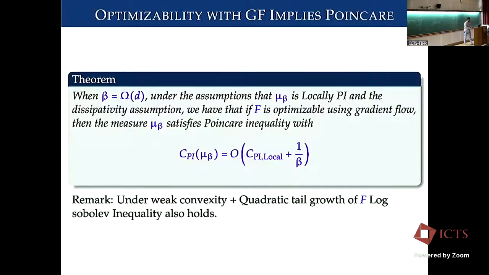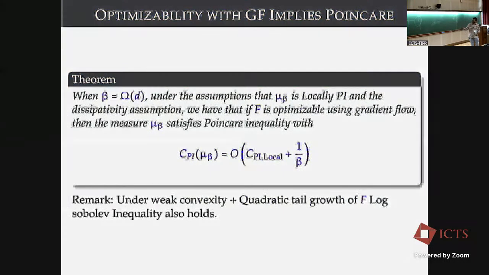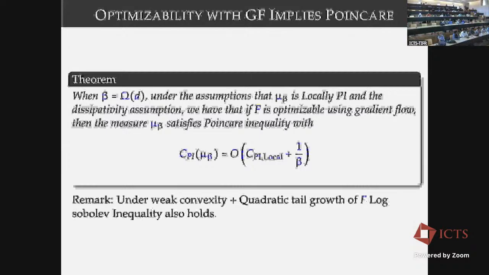Okay, so the result that you can prove is the following. When your temperature is larger than D, under the assumption that mu beta satisfies the local Poincare inequality, and you have dissipativity, we can show that as long as F is optimizable using gradient flow, or in other words satisfies the Lyapunov condition, the measure mu sub beta satisfies a Poincare inequality with a constant that looks like the local PI plus 1 over beta.